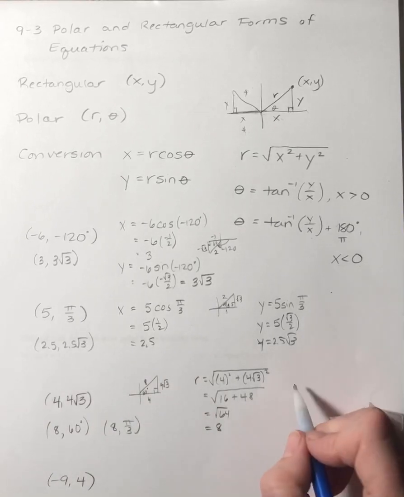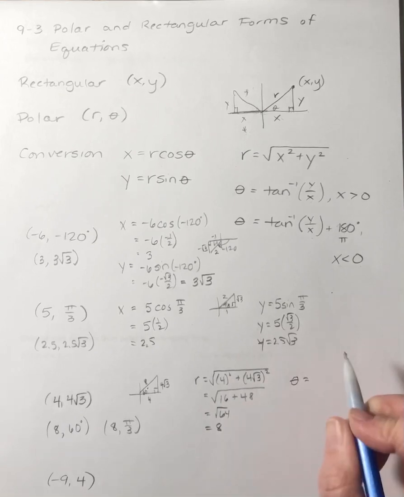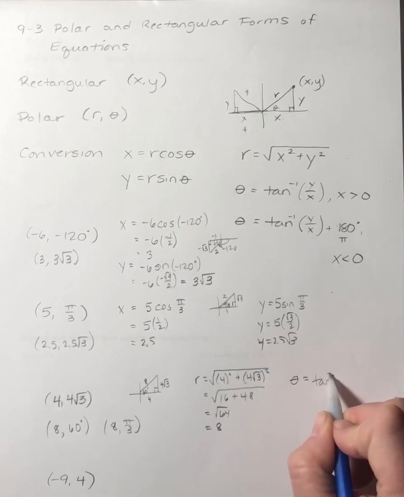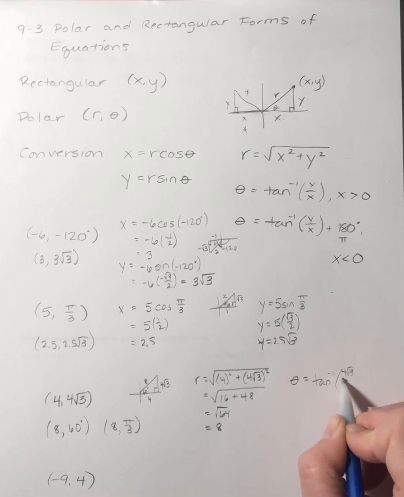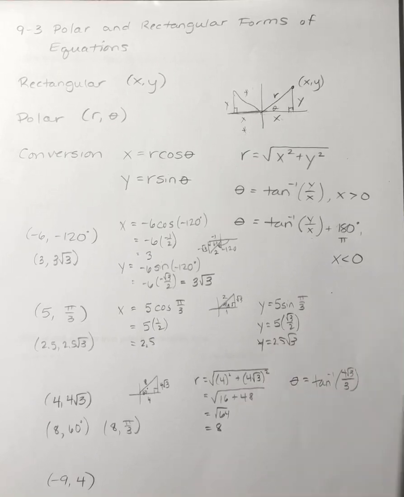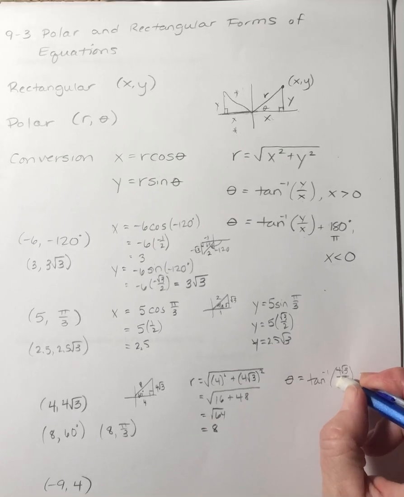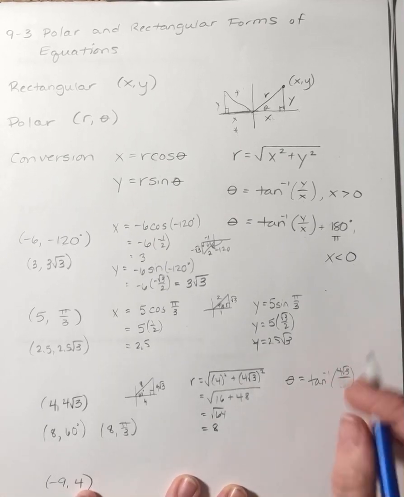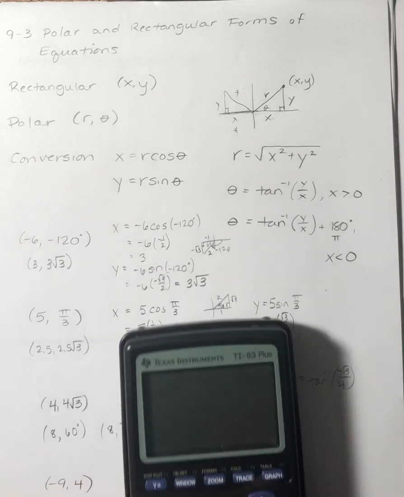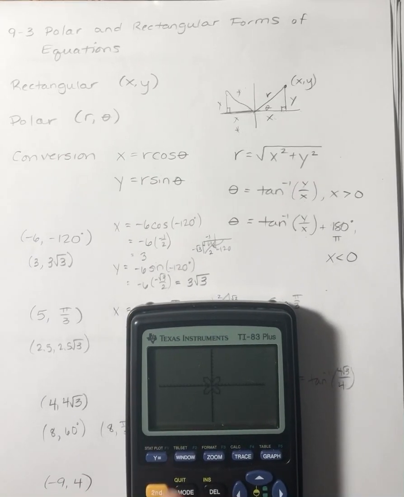Okay, and if you didn't recognize it, theta is the inverse tangent of 4 square roots of 3 over 4. So I'm going to put this in degree mode and then do the inverse tangent of 4 square roots of 3 over 4. And there's my 60 degrees.